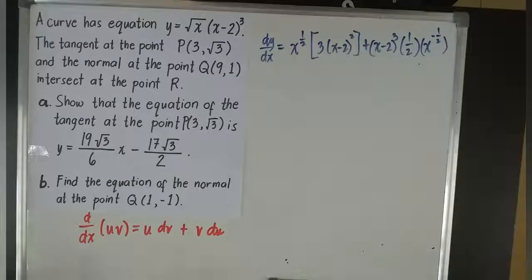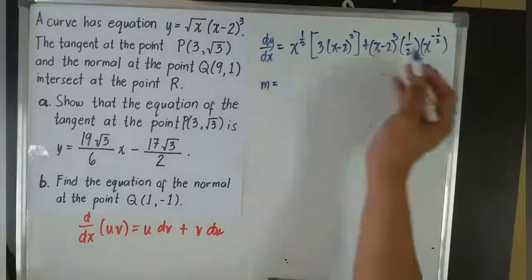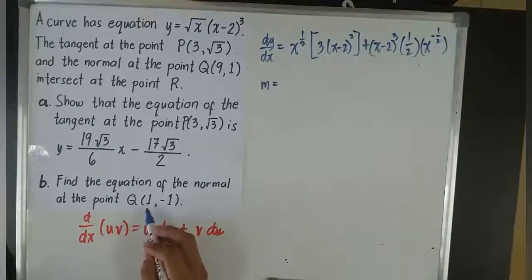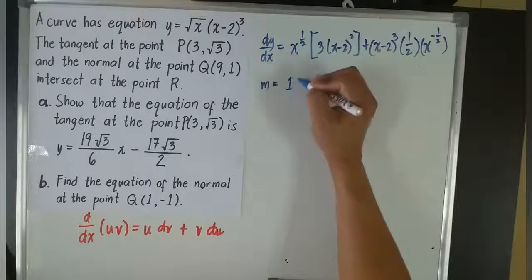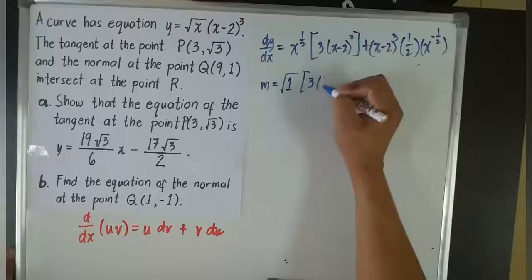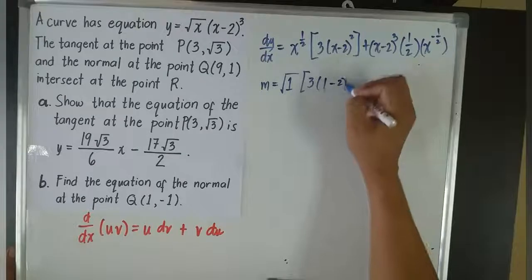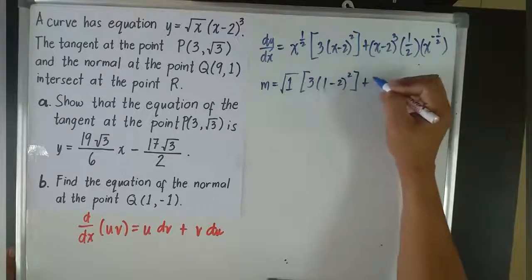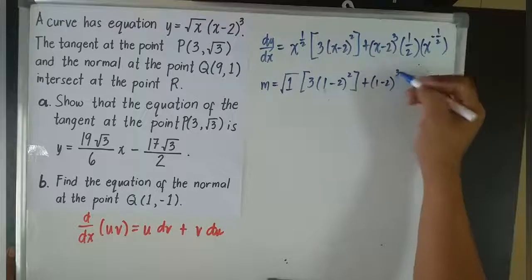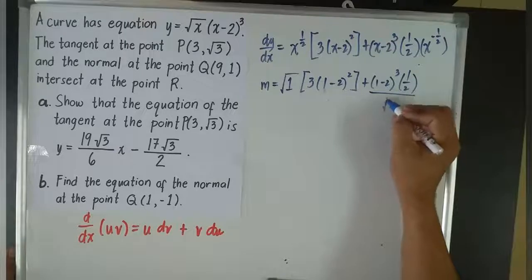Okay, let's find the equation of the normal at the point Q 1 negative 1. So if you want to find the equation, you have to find the gradient. How to find the gradient? Get the dy over dx, put in the 1, so 1 to the power of 1/2 is the square root of 1 times 3 times (1 minus 2) squared plus (1 minus 2) cubed times 1/2, you bring down square root of 1.